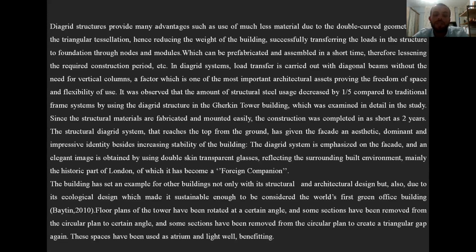The building set a complete example for other buildings, not only with its structural and architectural designs, but also due to its ecological design, which made it sustainable enough to be considered the world's first green office building.